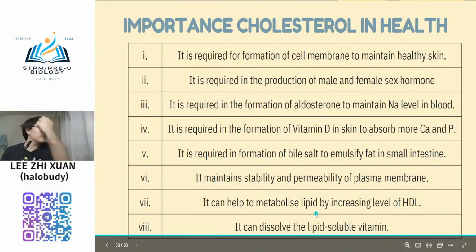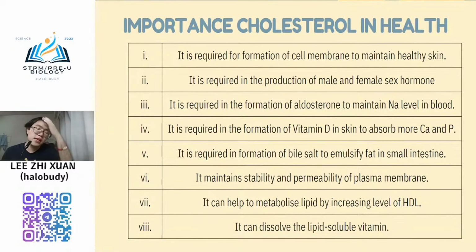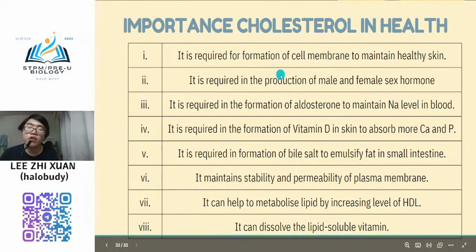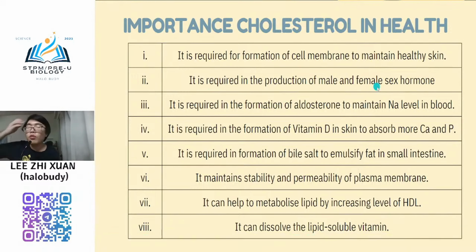And the importance of cholesterol in health is normally this. I think everyone should know why cholesterol is very important. One of the functions is the formation of cell membrane to maintain our healthy skin. It is also required for production of male and female sex hormones. Why?